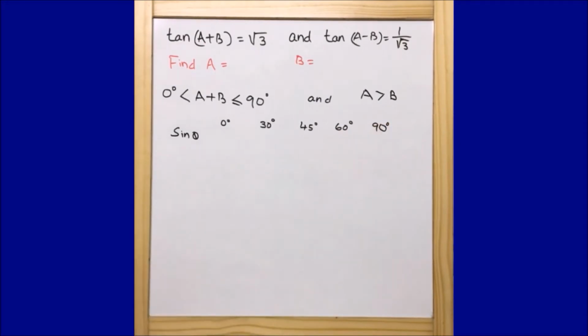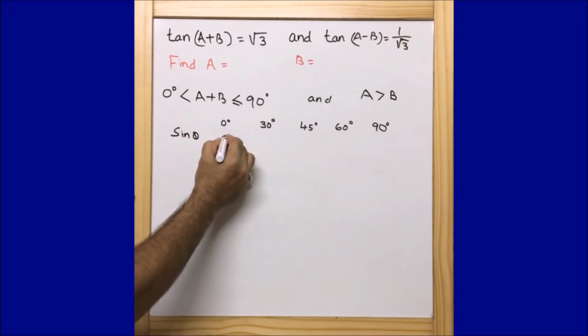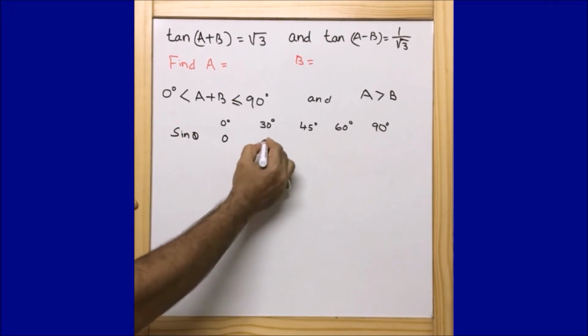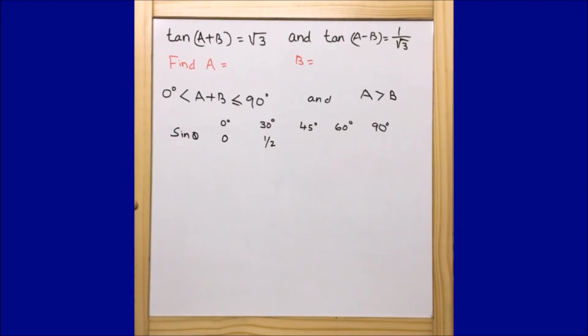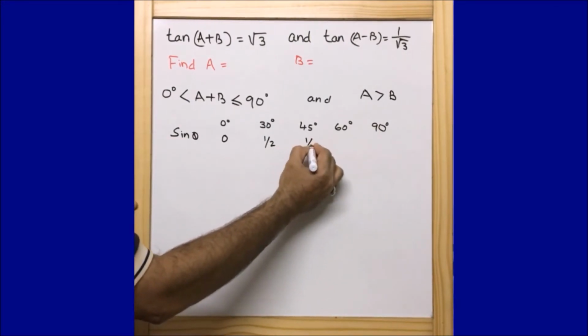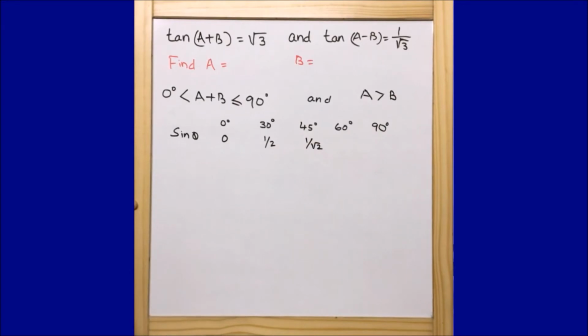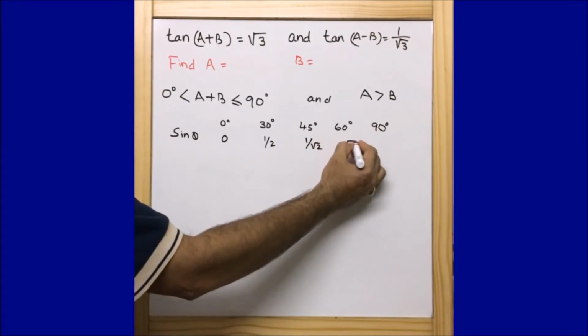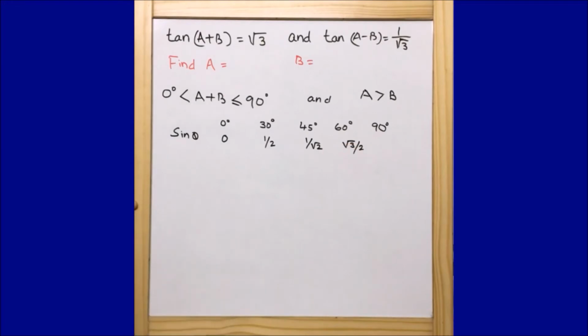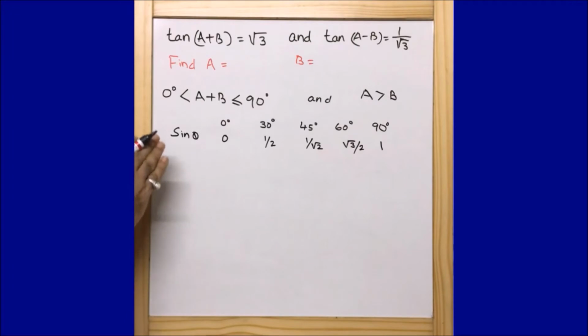Let us always remember only these many values for sine theta, and automatically we can find out the other values. So let us remember only this one row of items. We know that sine 0 degree is 0, sine 30 degree is equal to 1 by 2, sine 45 degree is equal to 1 upon root 2, sine 60 degree is equal to root 3 by 2, and sine 90 degree is equal to 1. I would suggest that we remember only this much.